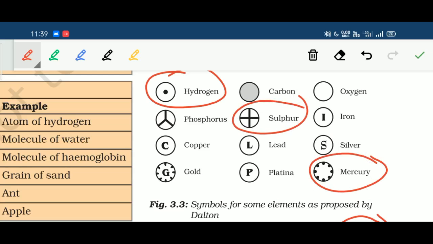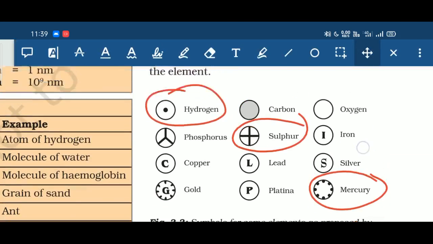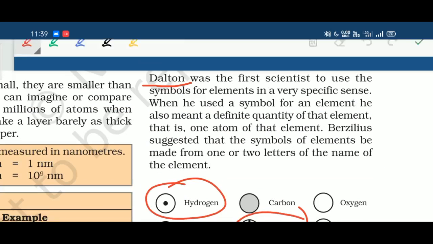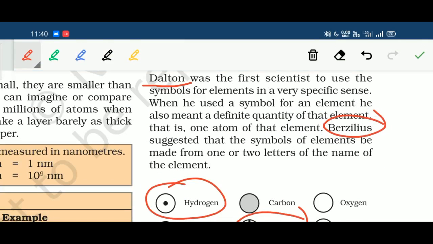Now students, these symbols were quite complicated and difficult to use, so later on Berzelius, another scientist, suggested a new method for allotting symbols to the elements.